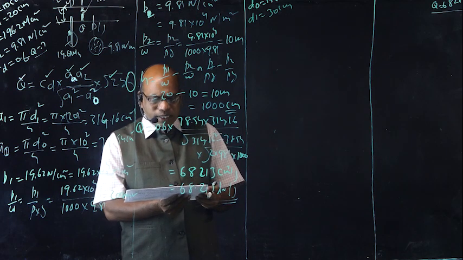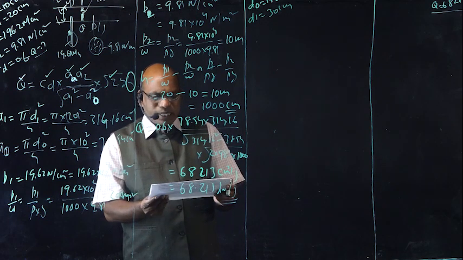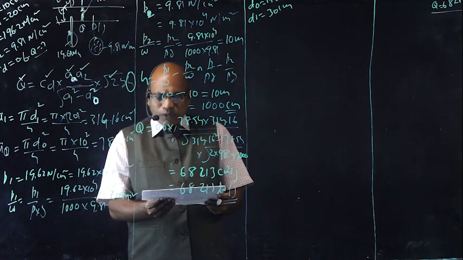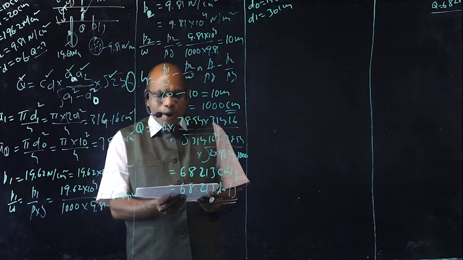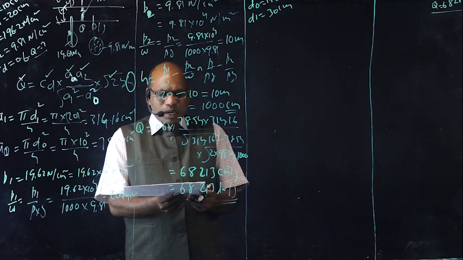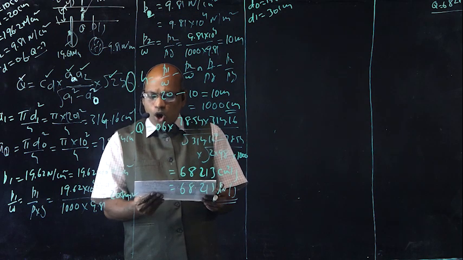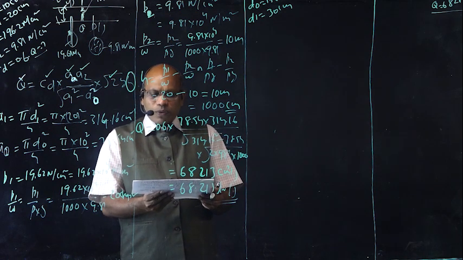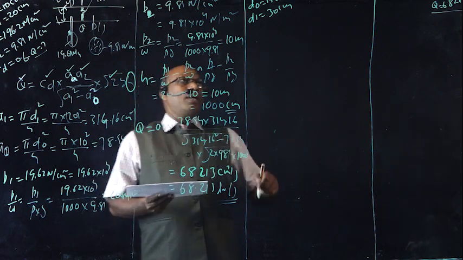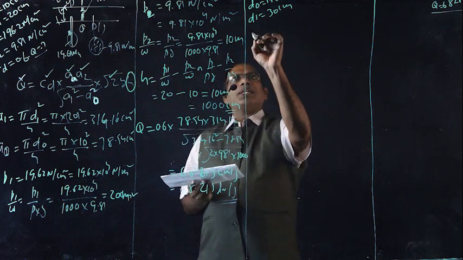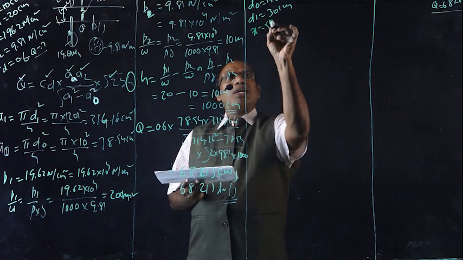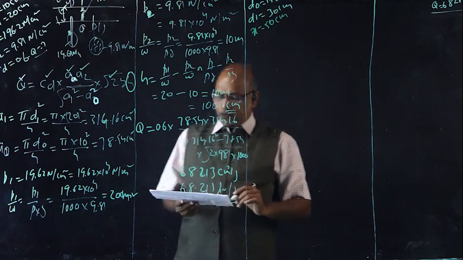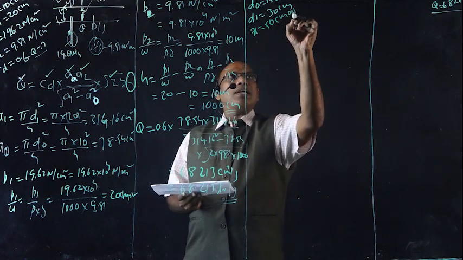The pressure difference measured by a mercury oil differential manometer on the two sides of the orifice meter is given a reading of 50 centimeters of mercury, that means X is given, that is equal to 50 centimeters of Hg.